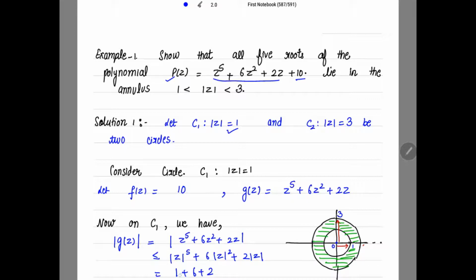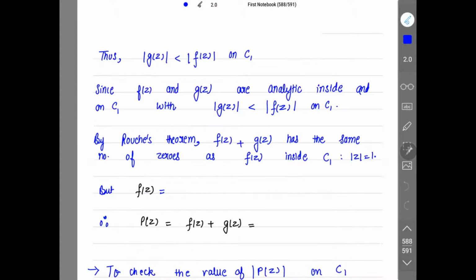So this is equal to 7 + 2, that is 9. And this 9 is less than 10, the function f(z). And what is 10? Actually, you can take this as |f(z)|. So finally we got that |g(z)| is strictly less than |f(z)|, right? So |g(z)| is strictly less than |f(z)| on C1.